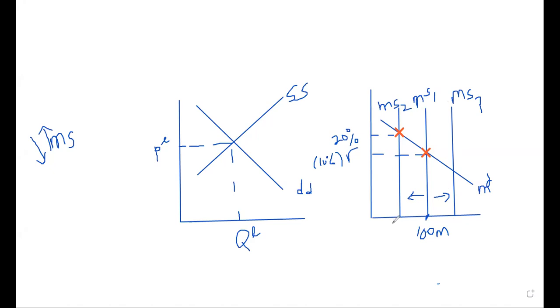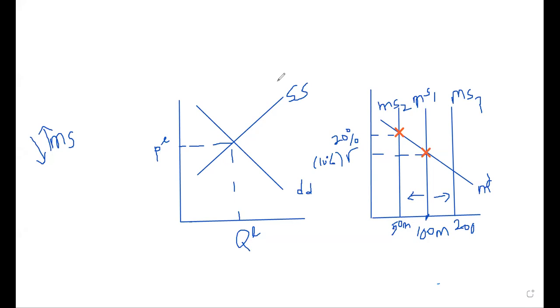So let's say the decrease was to 50 million, and now the increase is to say 200 million. I mean, you're pumping money in, and now the money supply is about 200 million.